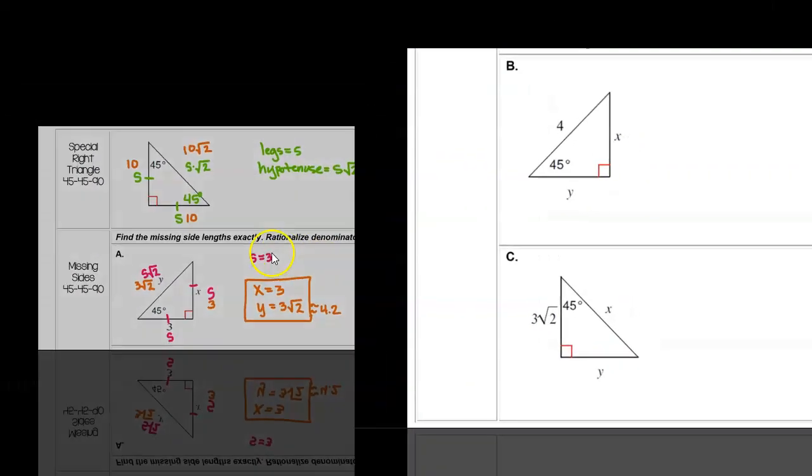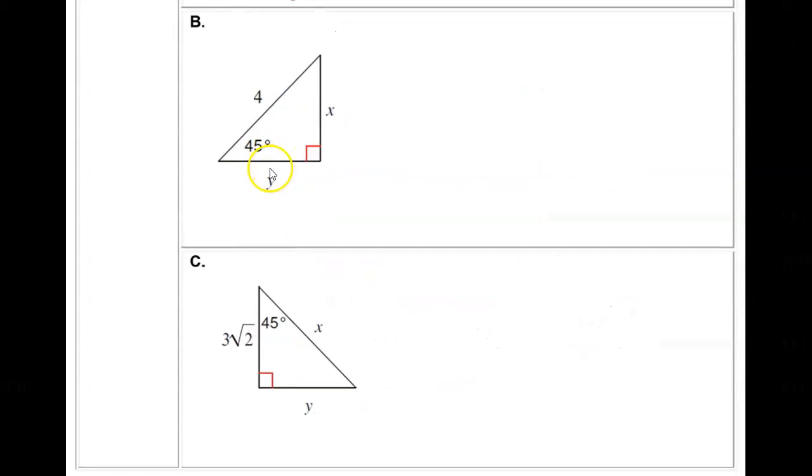So let's take a look at two more examples of the 45-45-90. Again, I always label my legs as S, S, S root 2. So what do we know in this example? Well, we know that the hypotenuse of 4 is equal to S root 2. So that's what I'm going to have to solve.